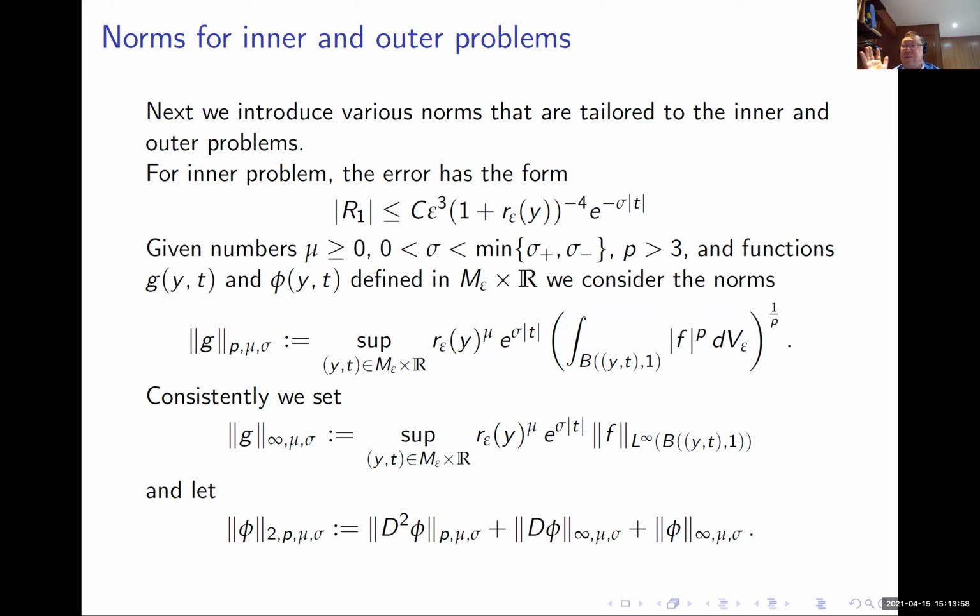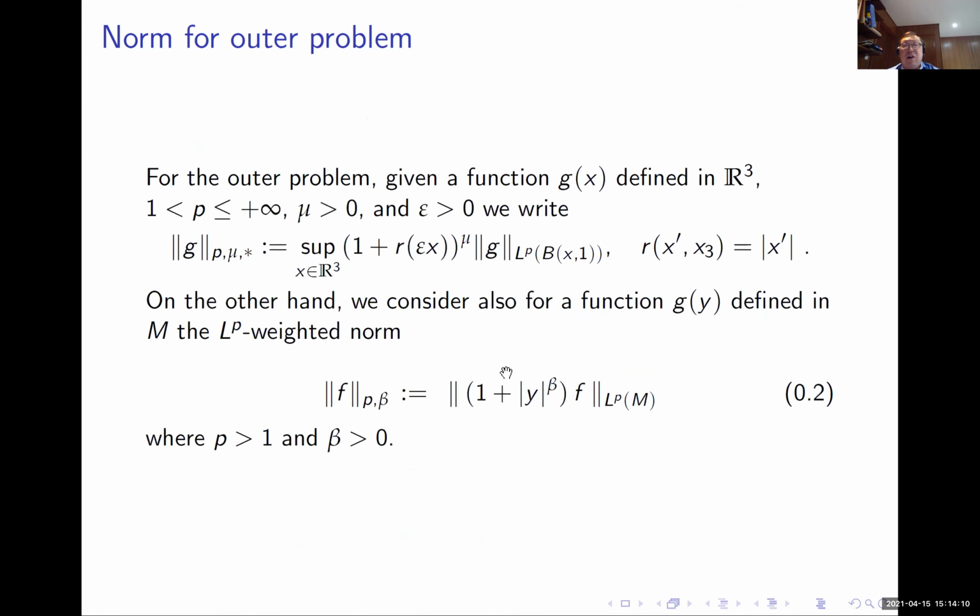So I need to use a W2P estimate, a weighted local W2P, with decay in y and decay in t. And for the outer problem, I also use a weighted W2P, but for the outer problem I only care about infinity. I don't care about the boundary region.